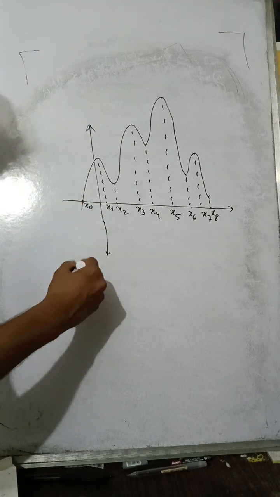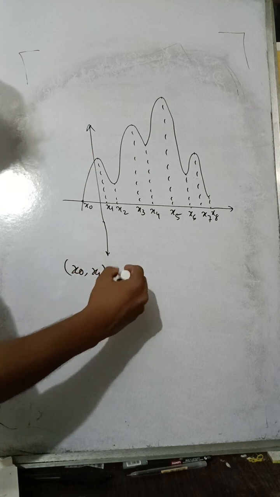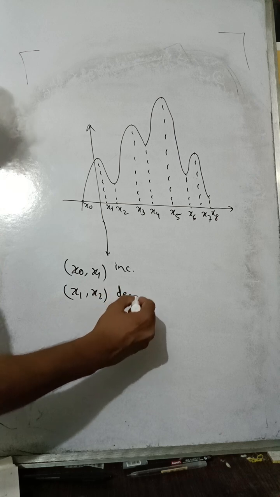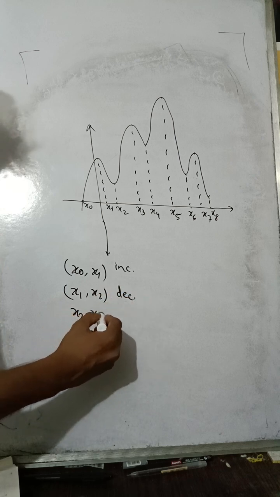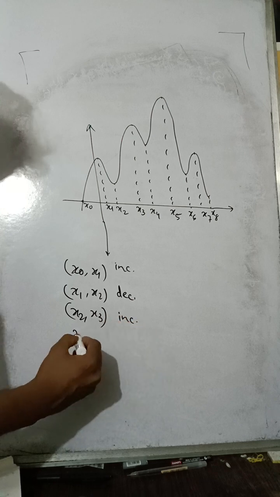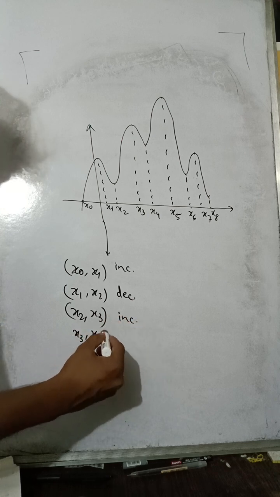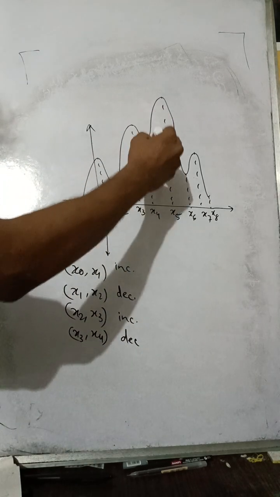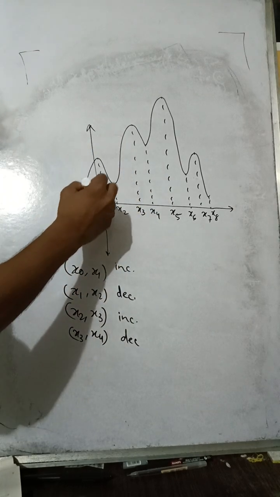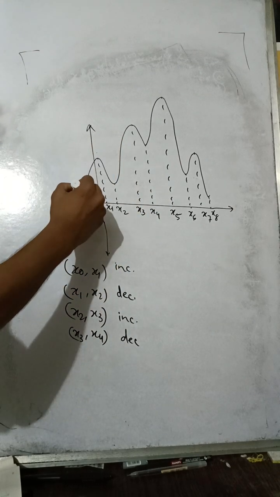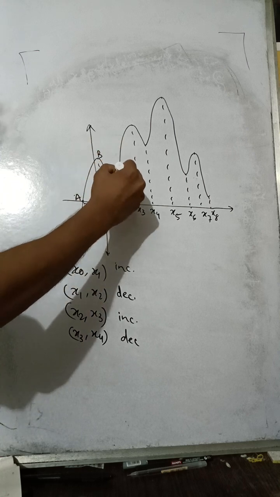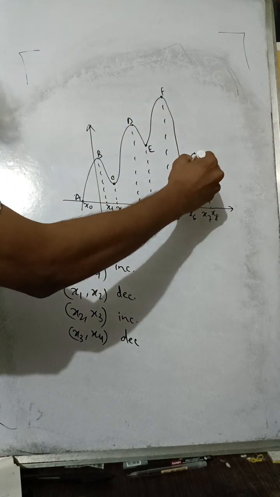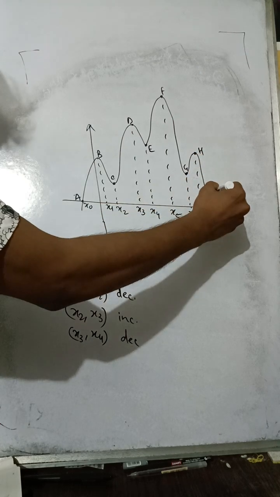Okay, so look, from the region x0 to x1 we have an increasing function, right? And from x1 to x2 we have a decreasing function. Again from x2 to x3 we have an increasing function. From x3 to x4 we have a decreasing function, right? So let these points be a, b, c, this is d, this is e, f, g, h, i.